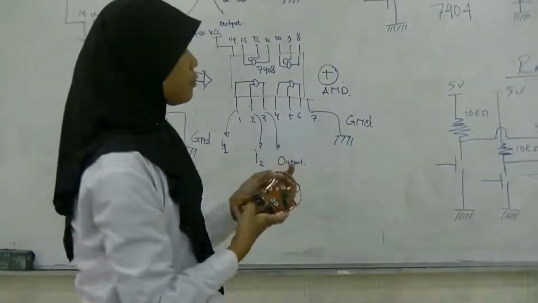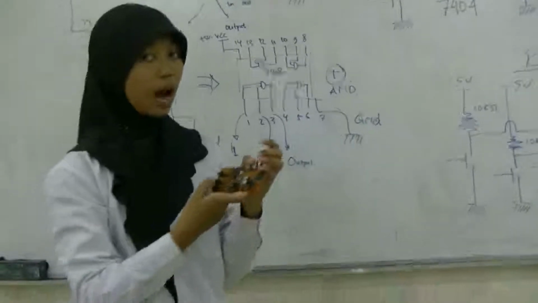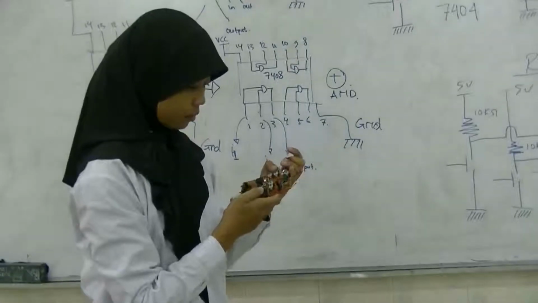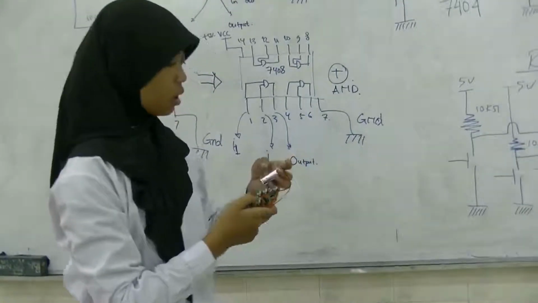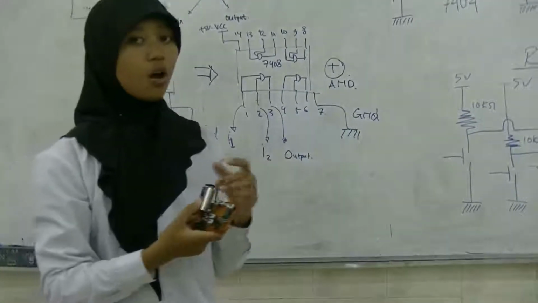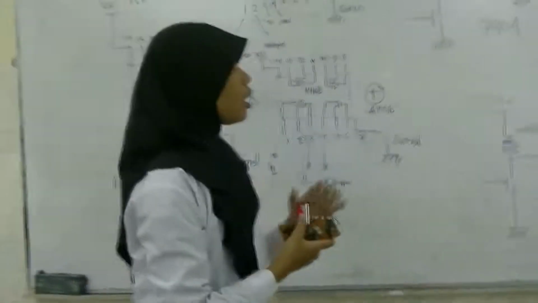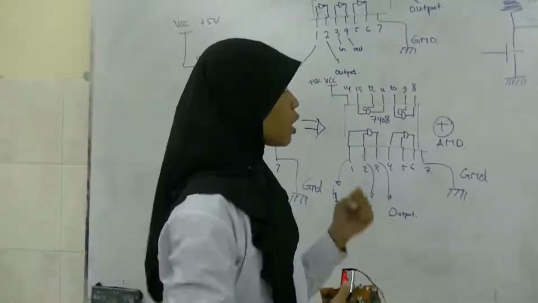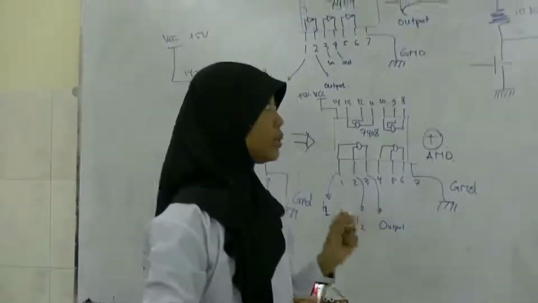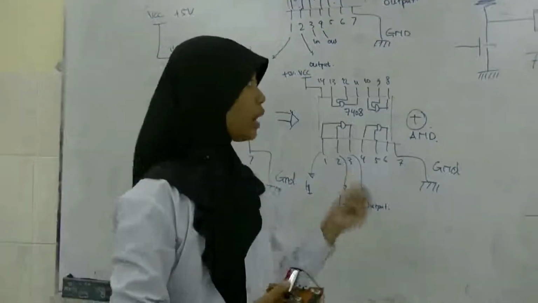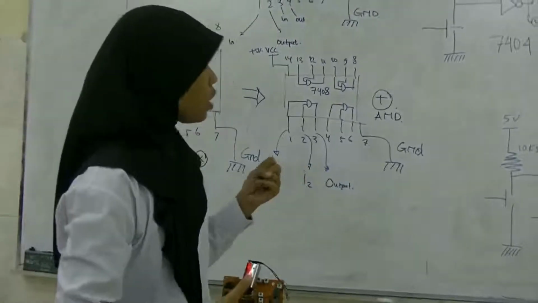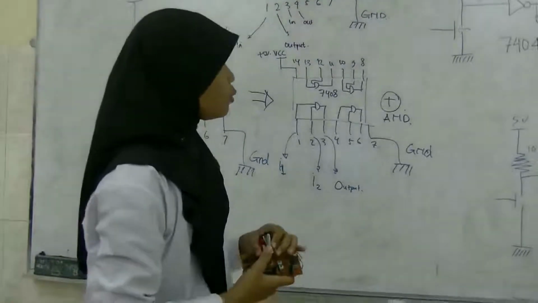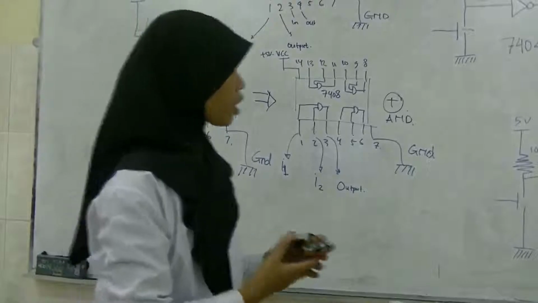When we give input high, the output will be low, and when we give input low, the output will be high, and then the LED will be on.